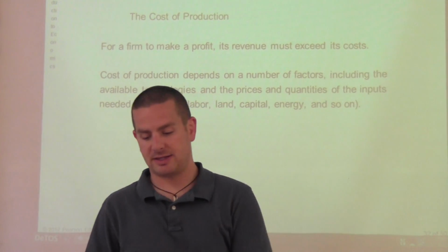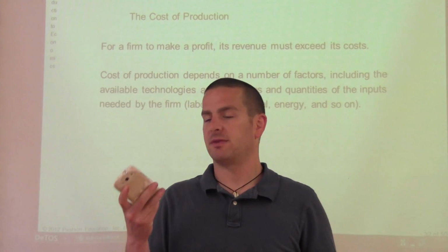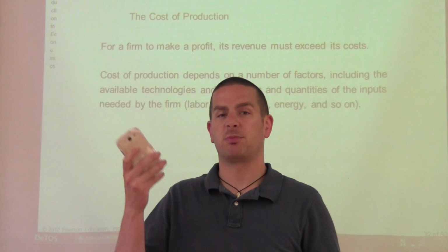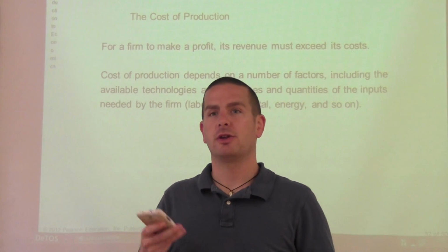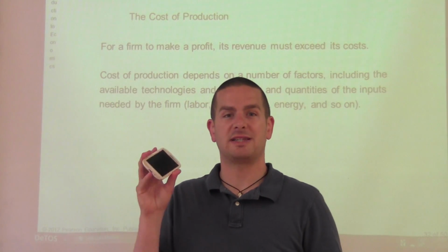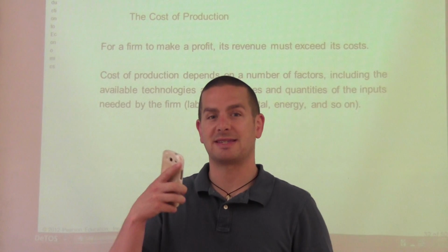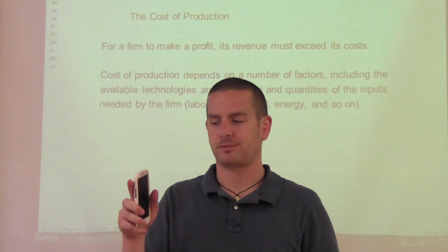On the other hand, let's say you're making cell phones. If the price of a Samsung cell phone goes up, well then you're going to increase the quantity supplied of cell phones, and you're therefore going to slide along your curve.